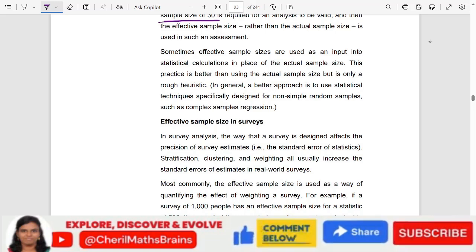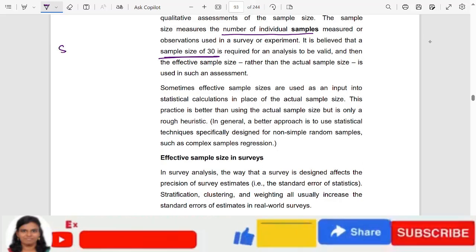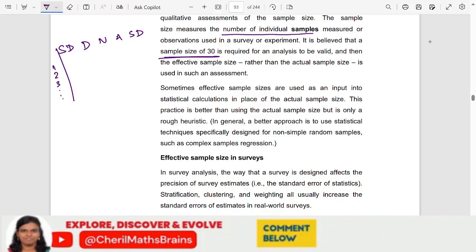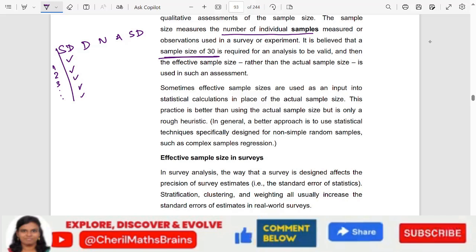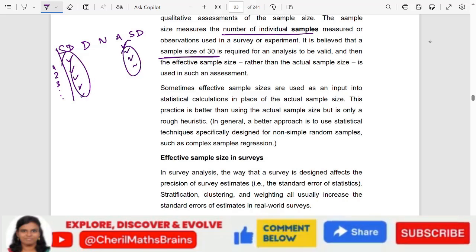The next thing is, if you are going to collect data through a questionnaire, you have strongly disagree, neutral, agree, strongly agree. Sometimes, when people are filling this form, they will randomly tick only one option for all the questions 1, 2, 3 and so on. In that case, we cannot include this kind of data, because it is going to be incorrect.